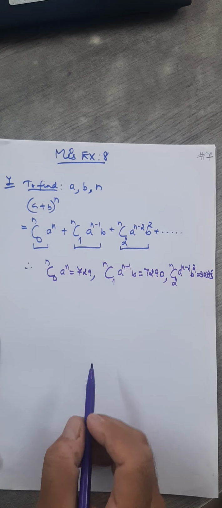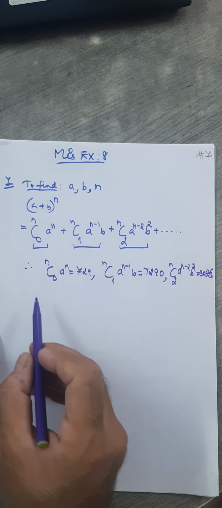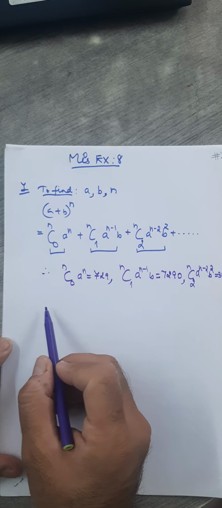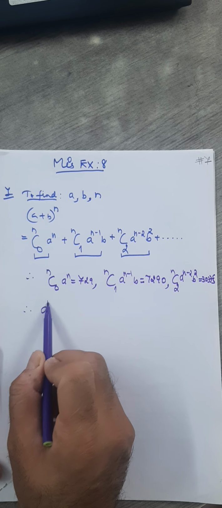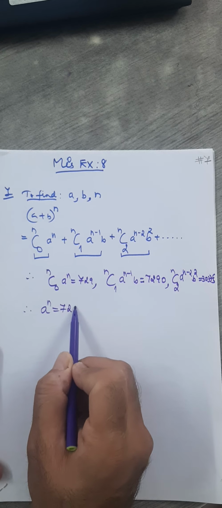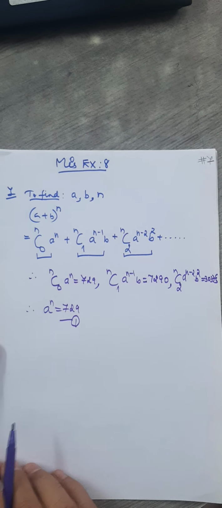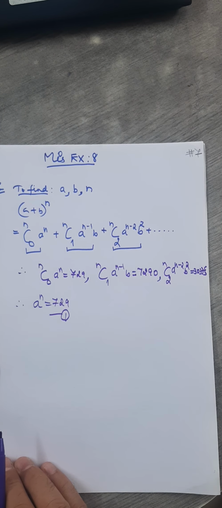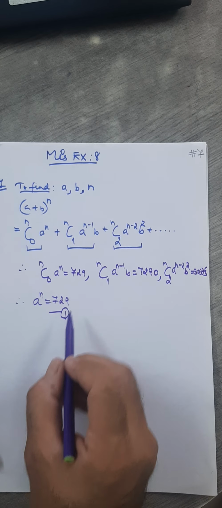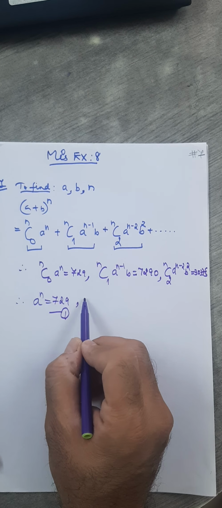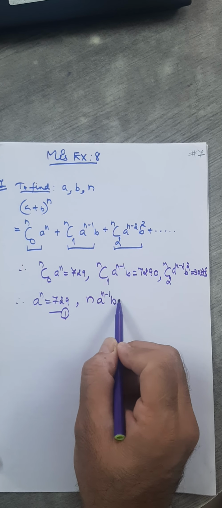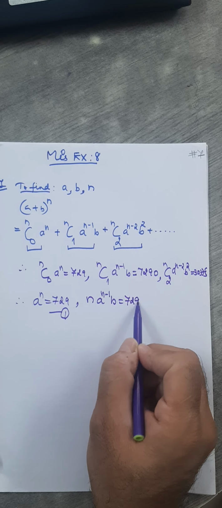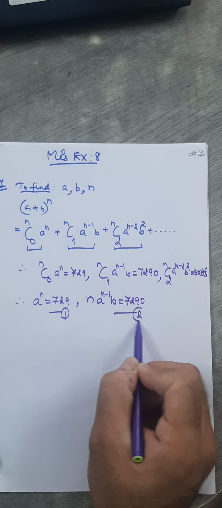Okay, now we need to simplify. These are the 3 equations and 3 unknowns. What is nC0? You know it is 1. So a raised to n equals 729. Call this equation number 1. What is nC1? It is n. a raised to n minus 1 as it is, b as it is, that is 7290. Call this equation number 2.